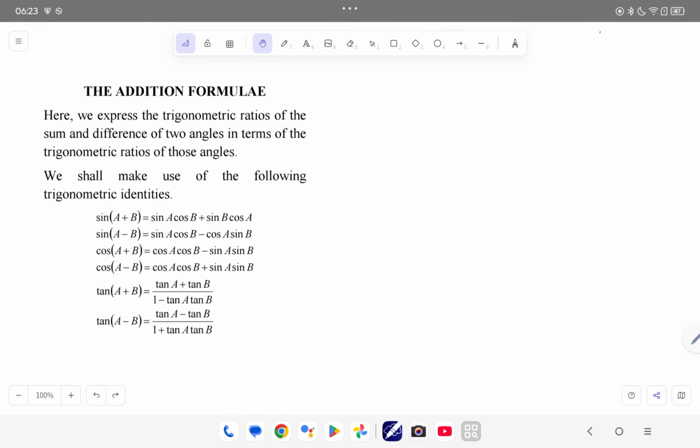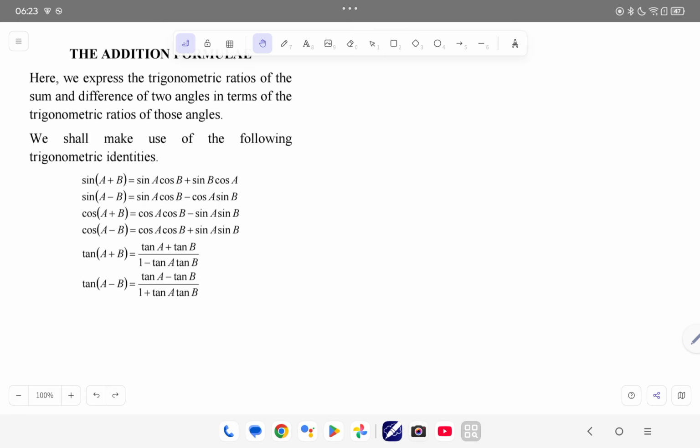The addition formulae is used to express trigonometric ratios of the sum or difference of two angles in terms of the trigonometric ratios of those similar angles. For example, if we have the sine of A plus B, can we express that in terms of the ratios of the individual angles A and B, like sine A, cos B, and all that?